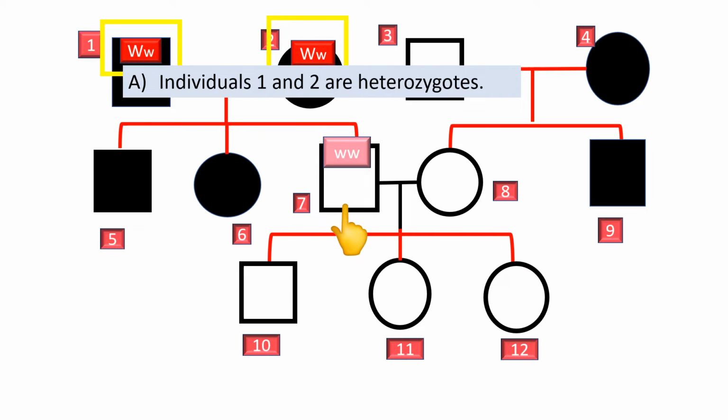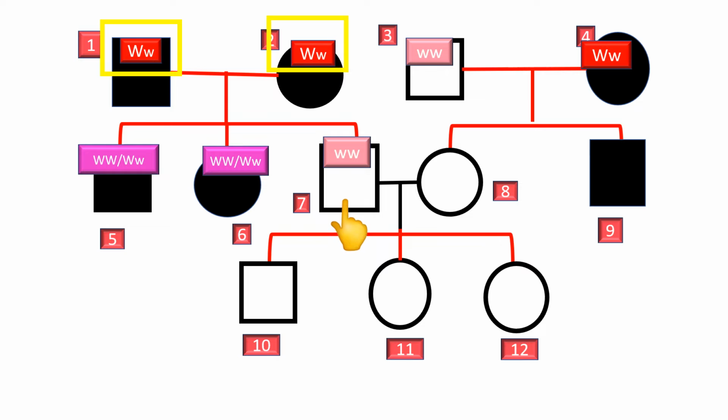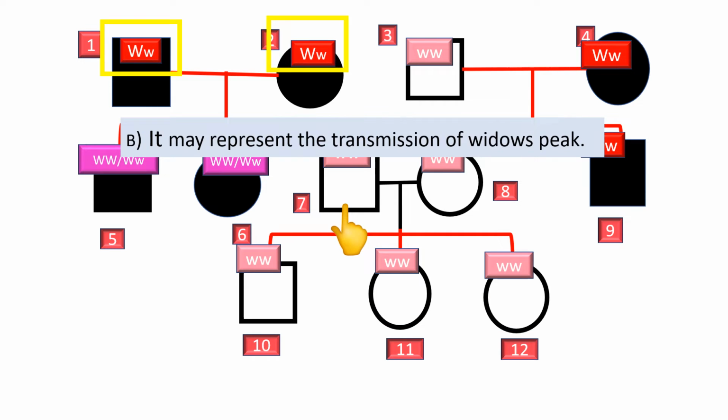The statement A is correct therefore. Let's predict the genotypes of other individuals too. Statement B is also correct, since widow's peak is a dominant character, and can be transmitted similar to this pattern.